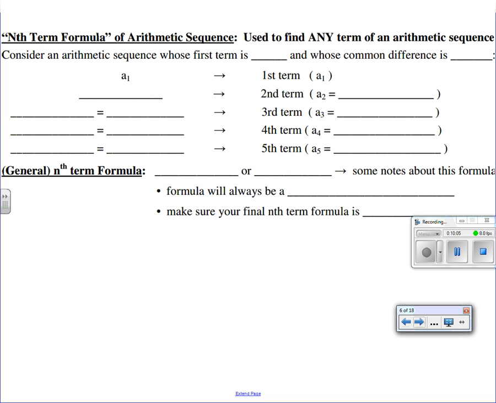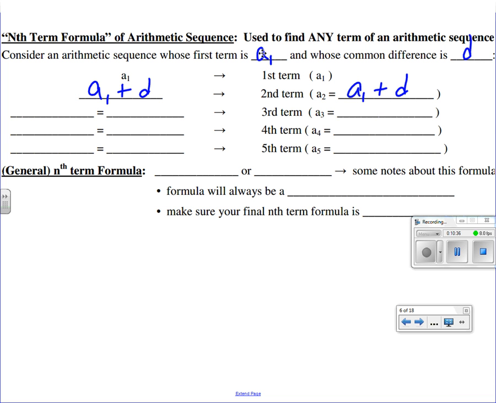Consider an arithmetic sequence whose first term is A1 and the common difference is D. So A1 is the first term. To get the second term, you take the first term and you add D. So your second term is A1 plus D.